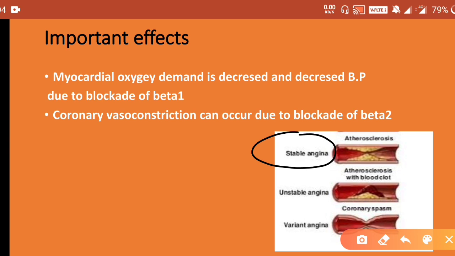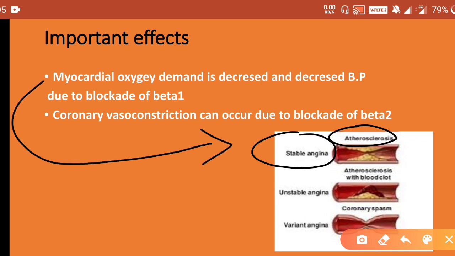So in such cases, what we find commonly is stable angina, and the main cause for it is atherosclerosis. As you can see, the atheromatous plaque deposits inside the blood vessel. Okay, so in such cases our non-selective beta blockers are useful. Okay, why? Because they decrease the oxygen demand.